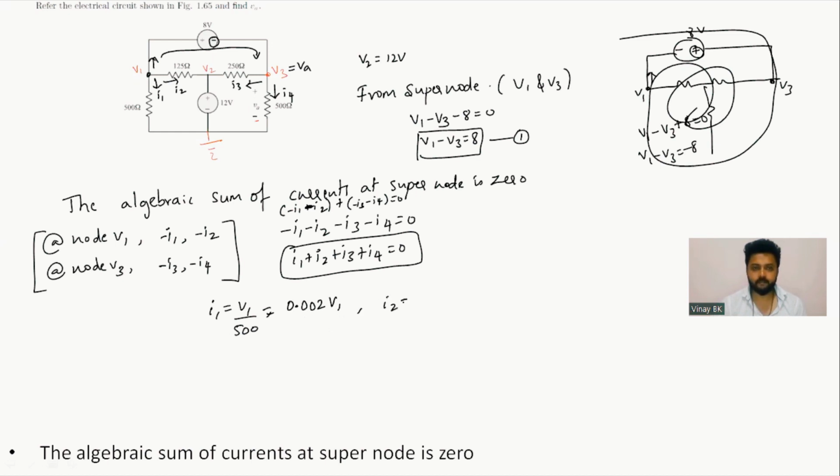For I2 you can see tail end voltage minus arrow end voltage. That is nothing but V1 minus V2. You already know that is 12. So V1 minus 12 divided by 125.